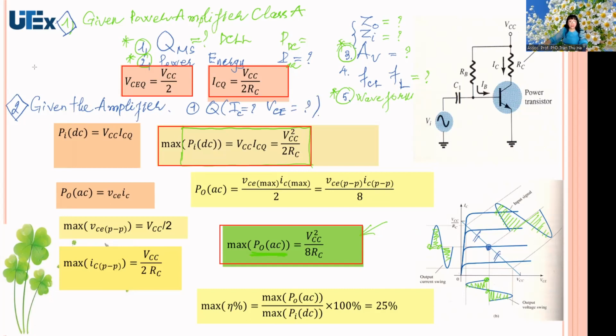The first step, this here, determine the biasing equation, right? For example, in this circuit, I can give you some information, this first question. And the second question will be determine PAC is equal to PCC is equal.